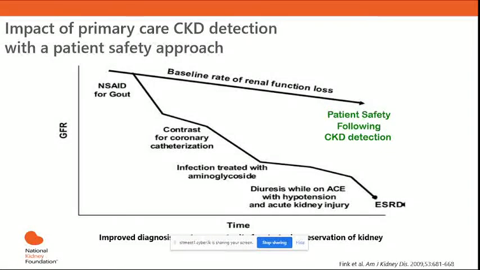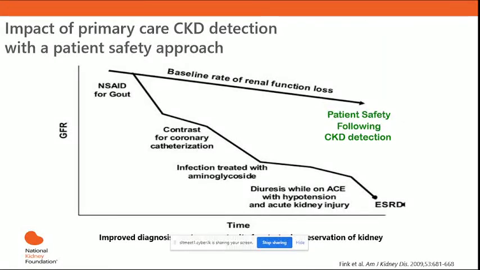If he gets abdominal sepsis and is treated with aminoglycoside, there's a further decline. Then the patient gets an episode of hypotension while taking an ACE inhibitor and diuretic, develops an AKI, and will reach end stage in about 2-3 years' time.